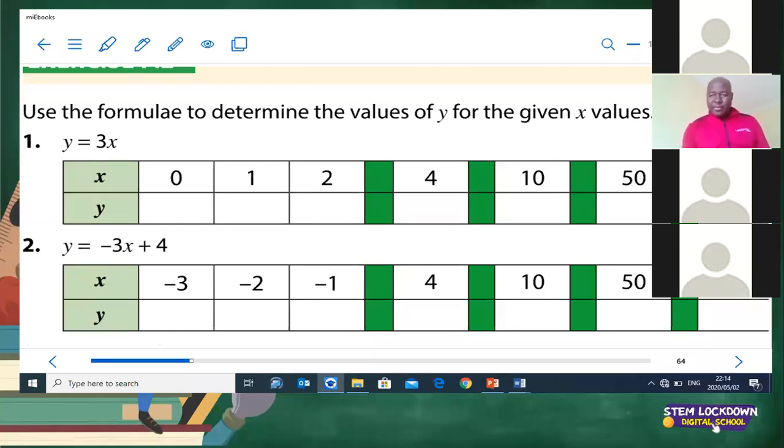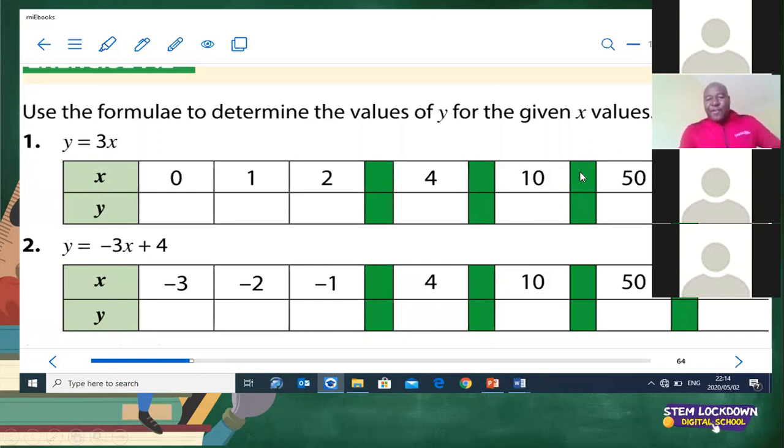All right, carry on, Amu. Sir, I think it's 30. 30, yes, definitely. But how did you find 30? By saying 3 times 10. Exactly. So it will be 3 times 10. So 3 times 10 is 30, so the value of y will be 30.